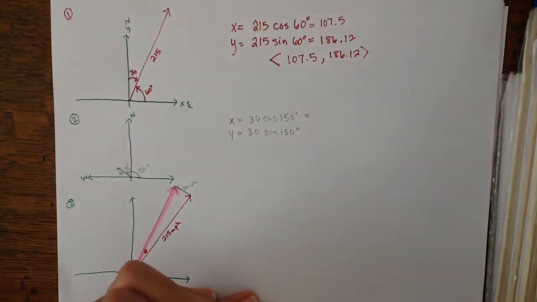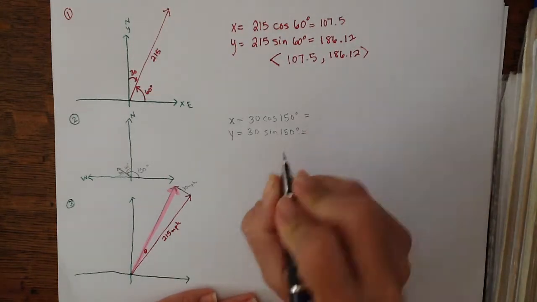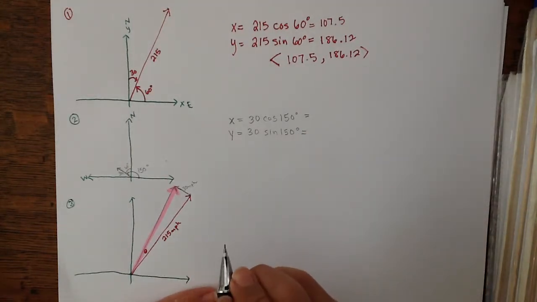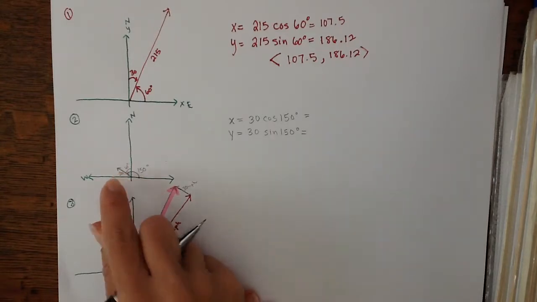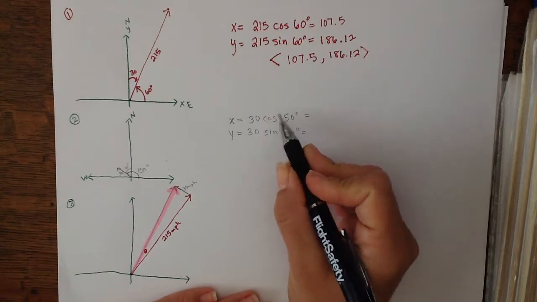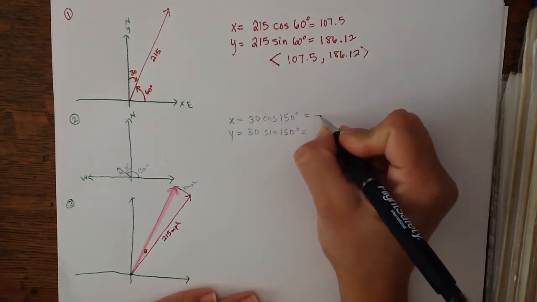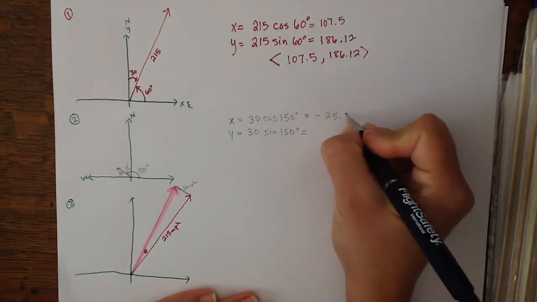We can put these values into the calculator, and notice that because I used standard position, it took into account that 150 tells us this vector is in the second quadrant. In the second quadrant, your x values are negative. So when I use 150 in the calculator, I get negative 25.98.